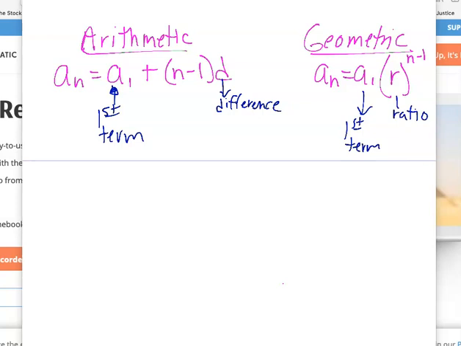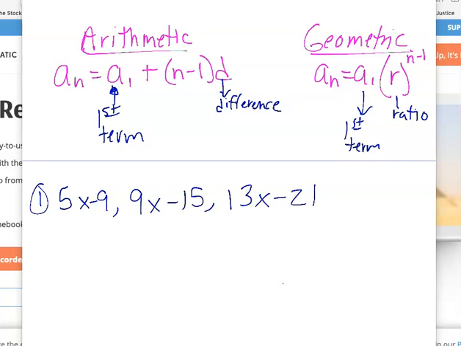And now we're going to take a look at a couple here that aren't just number sequences. We might have some that have some algebra in it. So the first term, 1, 5x minus 9, 9x minus 15, 13x minus 21.